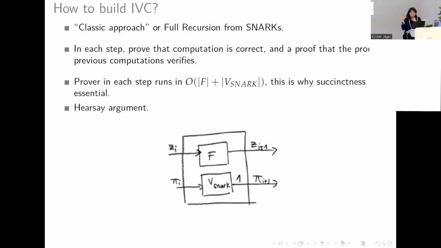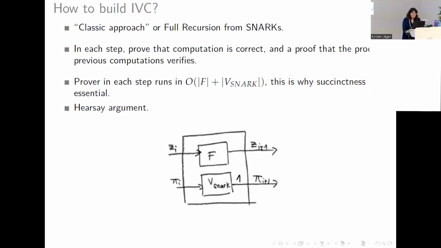This poses all kinds of problems because you have to write the verifier as a circuit that you can do a proof about. If the verifier is using hash functions, you need to write these hash functions inside the circuit and do things like that. But the important thing is that this classic or full recursion is really, again, a hearsay argument. Everybody can continue the computation because it's just a proof that you know a proof and so on.